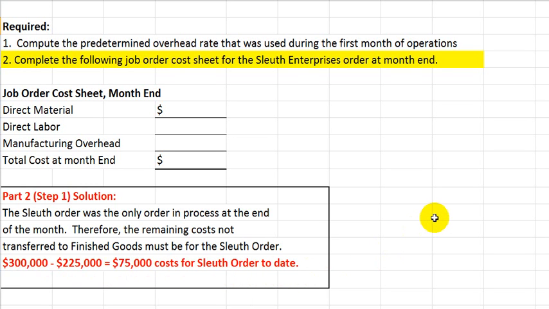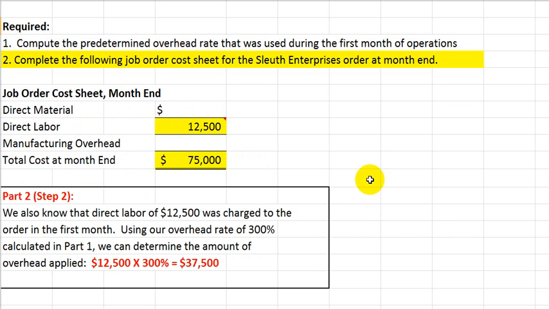So the Sleuth order is the only order, and it's at $75,000. We can immediately put into our job order cost sheet that the Sleuth order will total $75,000. So we're going to be working backwards here from the bottom to the top.